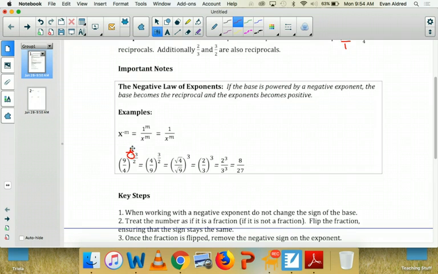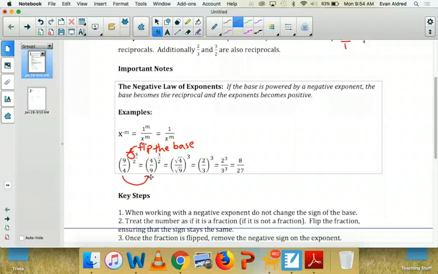And what that negative sign is telling us to do is flip the base. So the first thing that we do, and you can see this happening here, is 9 over 4 becomes 4 over 9. And you'll notice that the exponent, instead of being negative 3 over 2, now becomes positive 3 over 2. And now we are left with a problem that we looked at on the fourth reference guide.